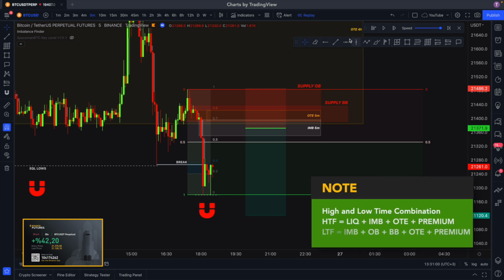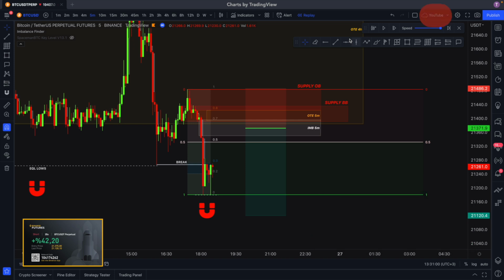Okay, what do we have here? Order block, breaker block, OTE, imbalance, premium zone, and also high time frame fuel is ready for shorts.